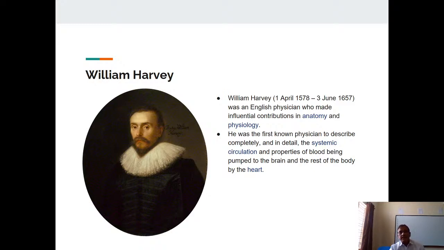He went to the extent of even dissecting his father's dead body and his own sister's body. See, they were so inquisitive. They wanted to know what is there inside the system. So these are the people who have contributed to the anatomy and defined the various structures and described them.